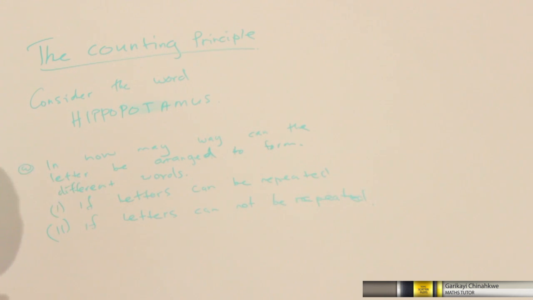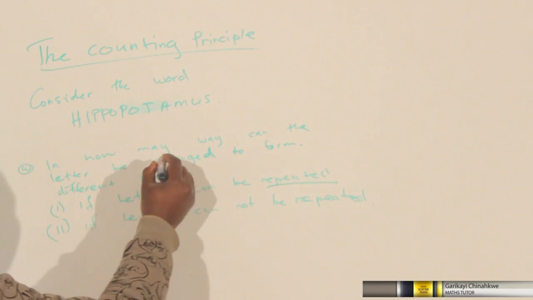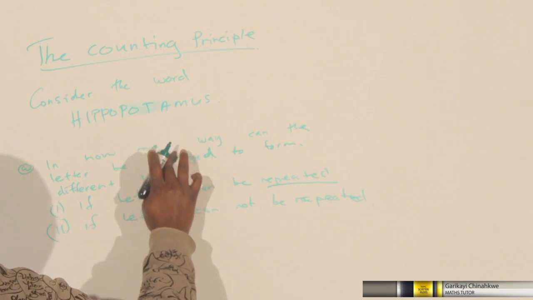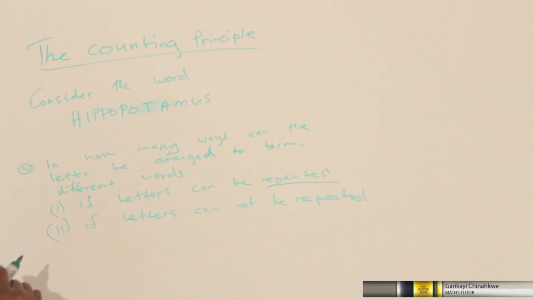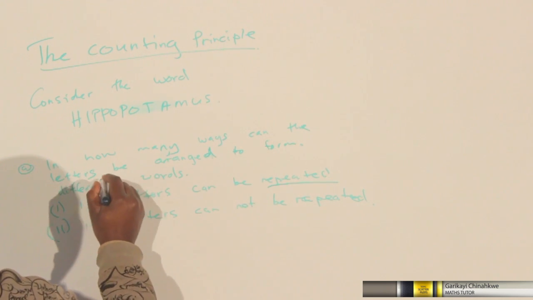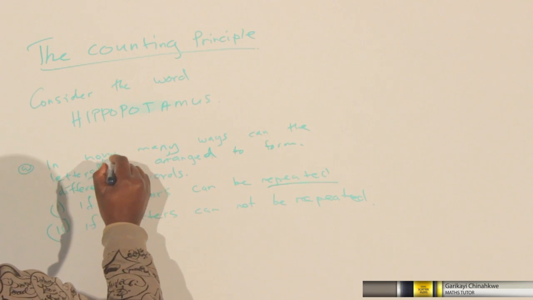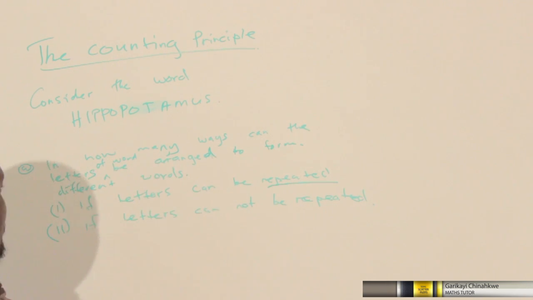All right, let's start with where they say letters can be repeated. In how many ways can the letters of the word be arranged to form different words?